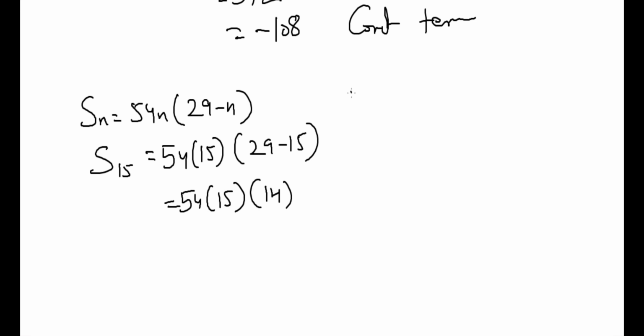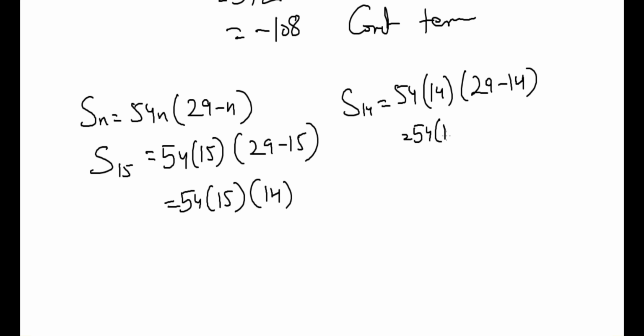And if you check S14, what are you getting? 54 times 14 times (29 minus 14), which is 54 times 14 times 15. Both are the same. So it means at the 15th step it will stop, right? It becomes constant. Now steps are not increasing.